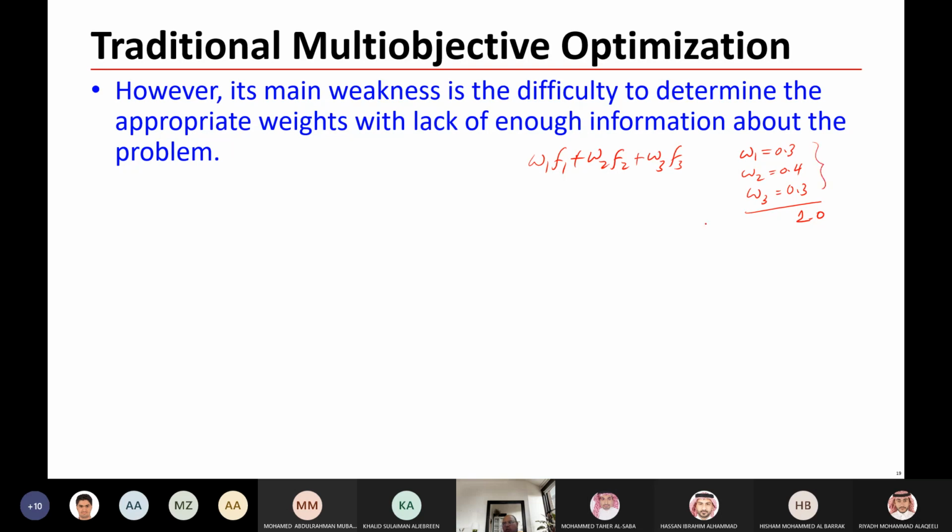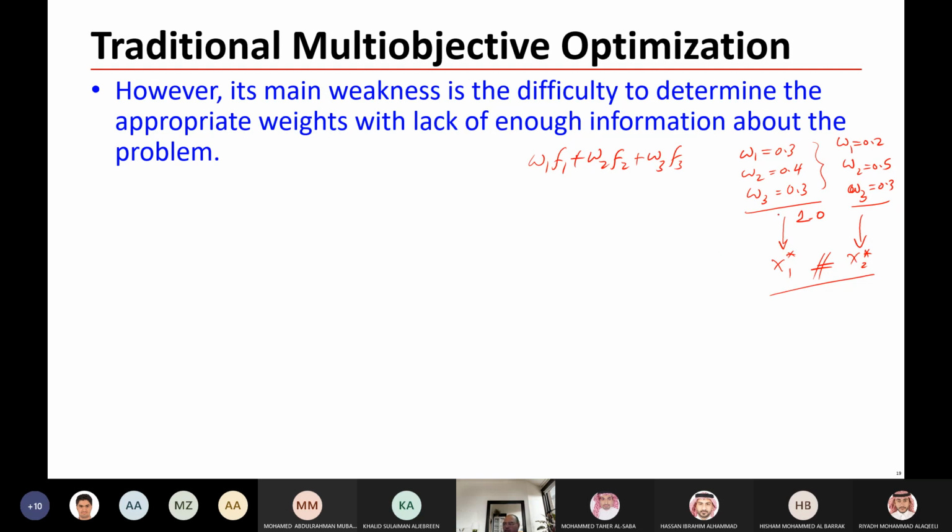Yes, it reflects the importance of each objective. But if you set other weights, for example W1 equal to 0.2, W2 equal to 0.5, and W3 equal to 0.3, you will end up with a different solution. Here the optimal solutions X star are different. Once you change the weights, you will end up with another solution.